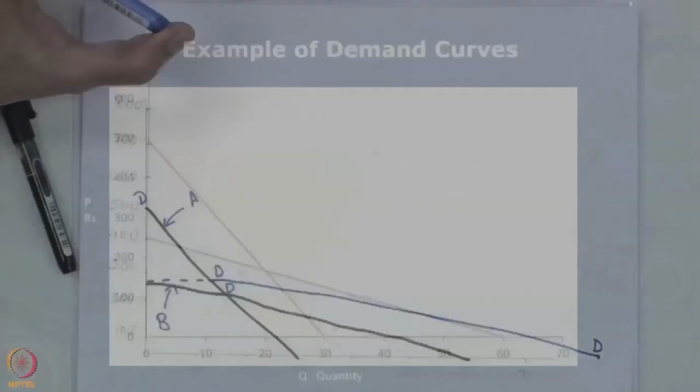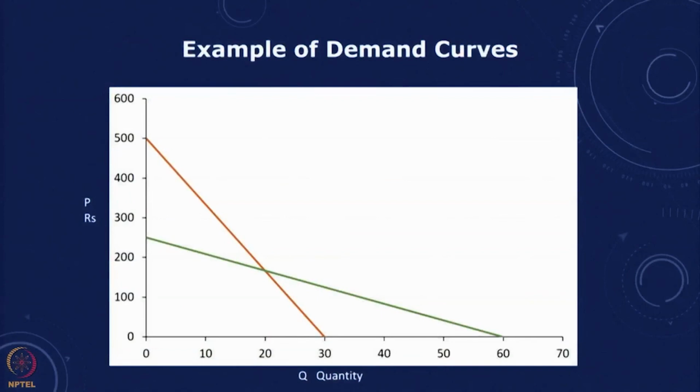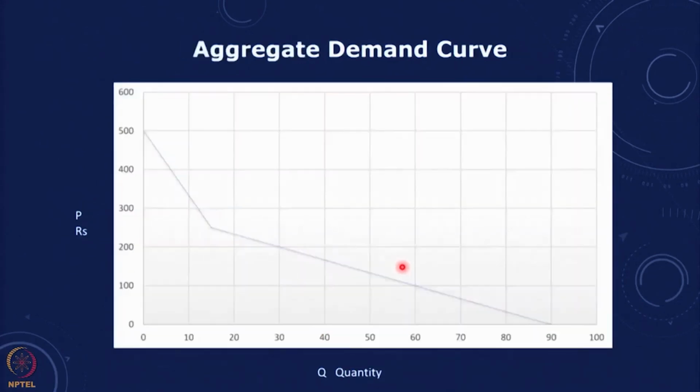This is what we had drawn: the demand curve of A, the demand curve of B. At each price, we aggregate and sum it up. From 500 to 250, it is only that of A, and beyond 250, we sum them up, and this is what we get.